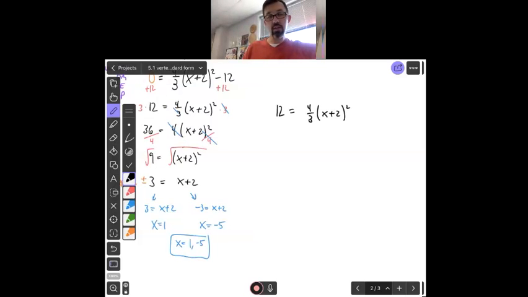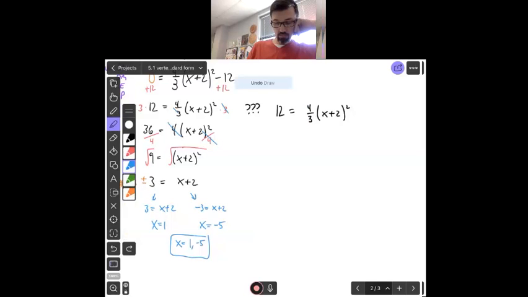Could we have done here instead of dividing by 3 or multiplying by 3? How can we get rid of that all at once instead of doing it in steps like Maddie had to?